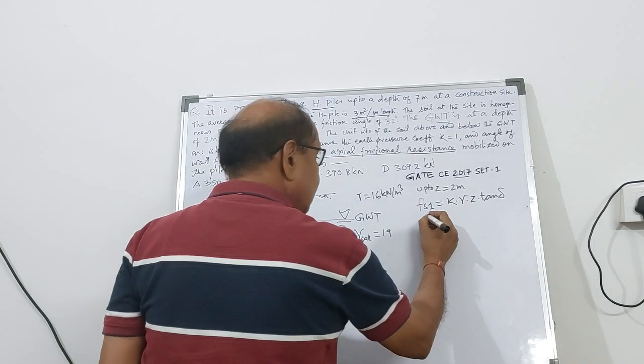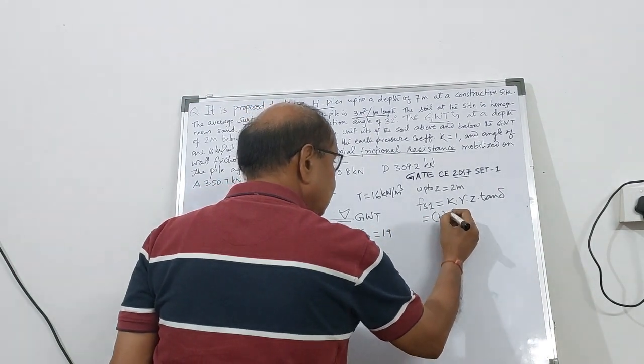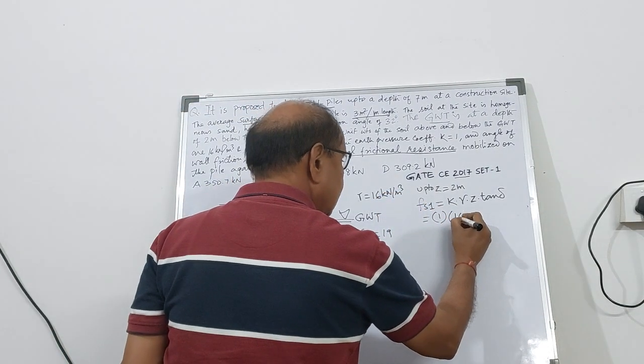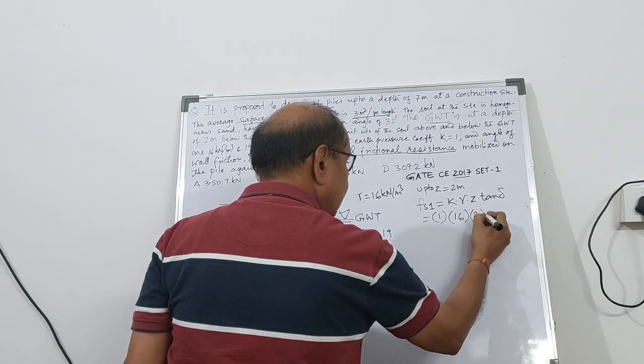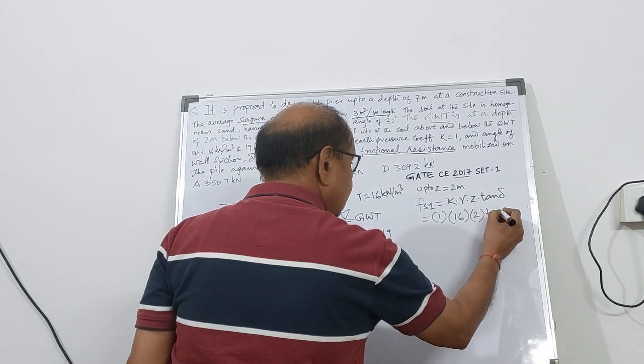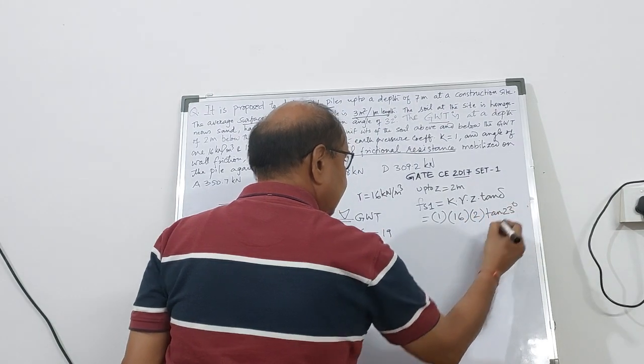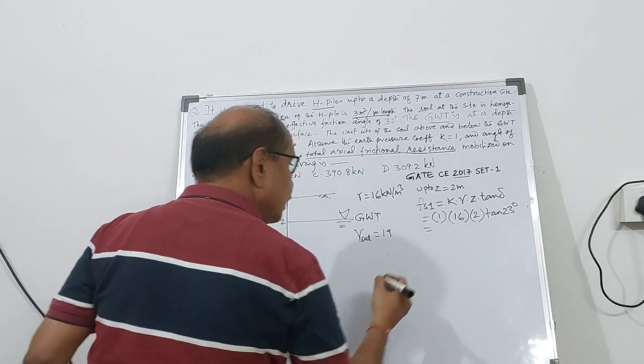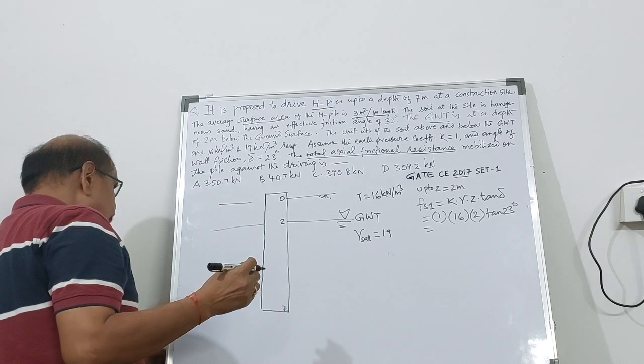So K equal to 1, gamma is already given to us as 16, up to 2 meter, multiplied by tan of delta, 23 degree. So if you multiply it, you can get the value.